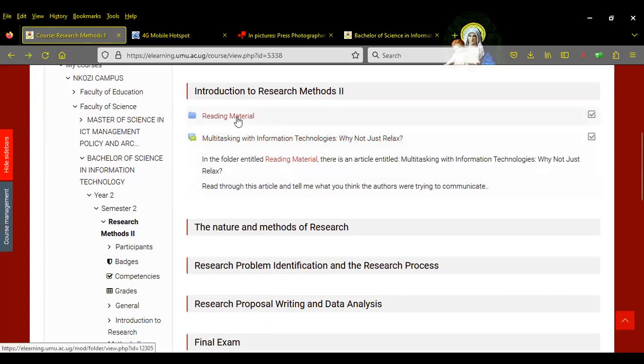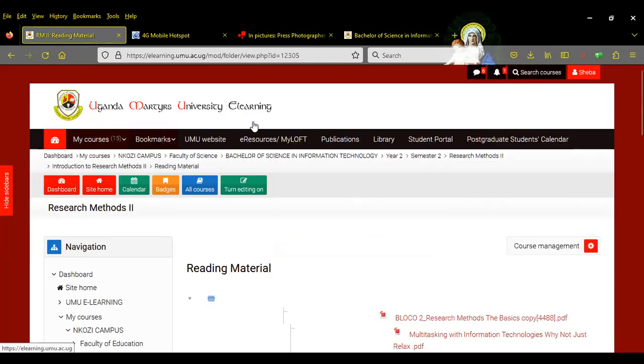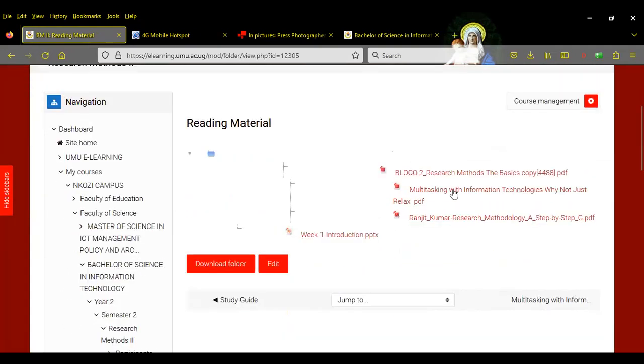Then I also put up reading materials under Introduction to Research Methods. In there, I have 3 reading materials. The first 2 are Block 2 Research Methods, the basics, and Rajiv Kumar Research Methodology. These are e-books, electronic books on research.